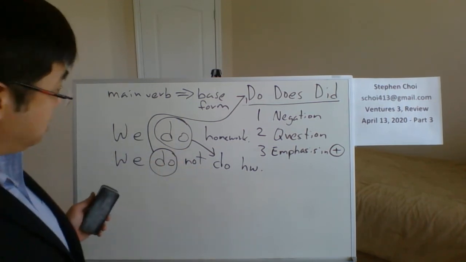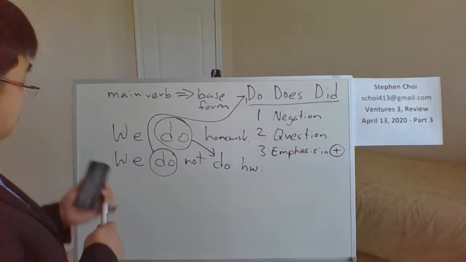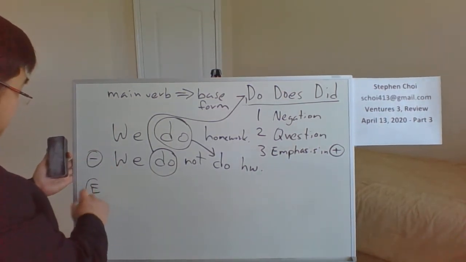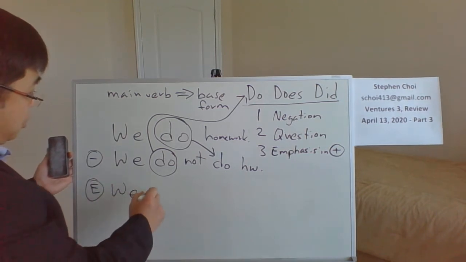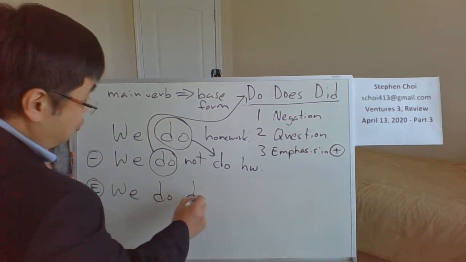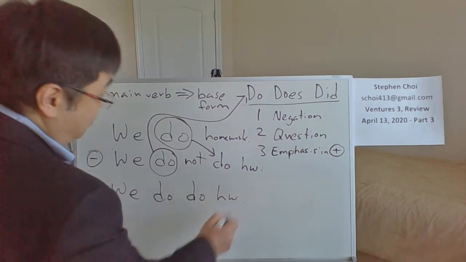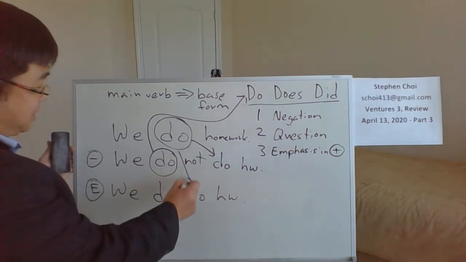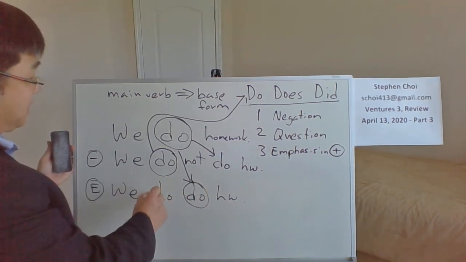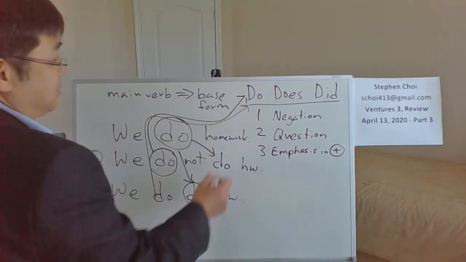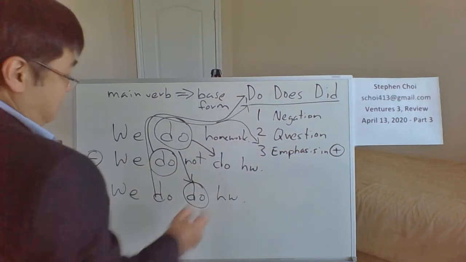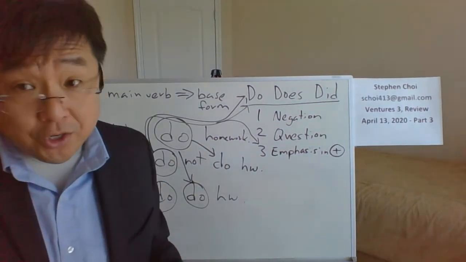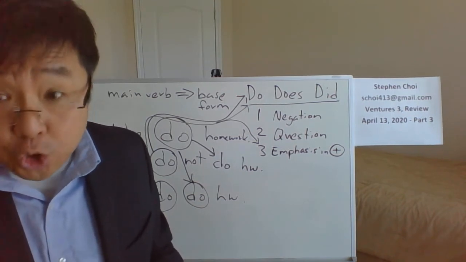So how do you make an emphasis? So this is a negative. How do you make it with an emphasis? We say we do homework. This do is this one, and this one is this one, for emphasis. We do homework. Sounds funny, right? But you hear that a lot. We did do homework.